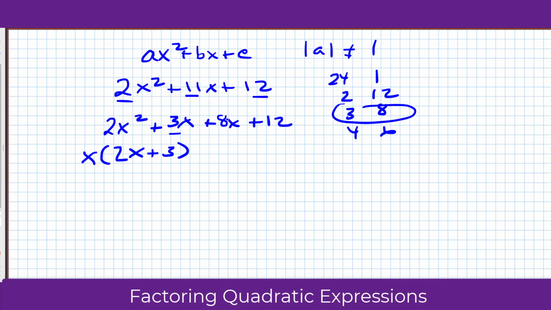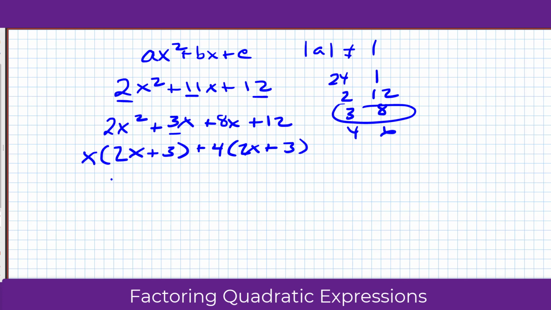Now let's find the greatest common factor of 8 and 12. That's going to be 4. So we can say plus 4, and then 4 times 2x is 8x, right? And then plus 3. 4 times 3 is 12. All right, so now we can rewrite that using the distributive property.